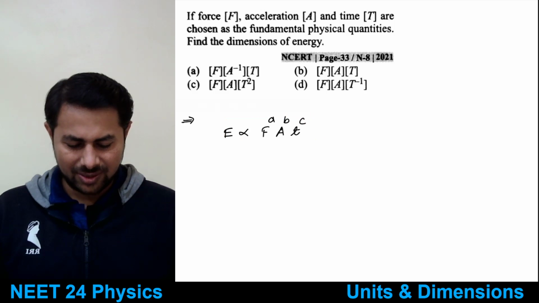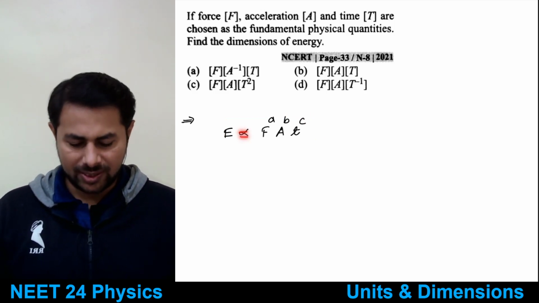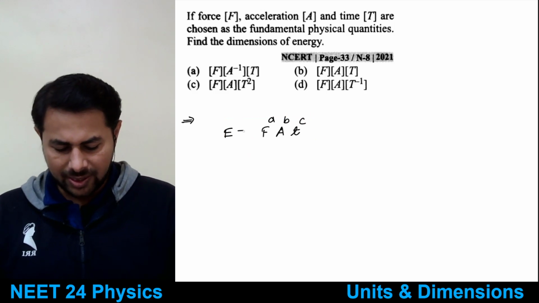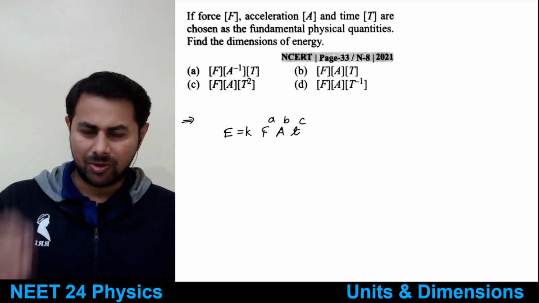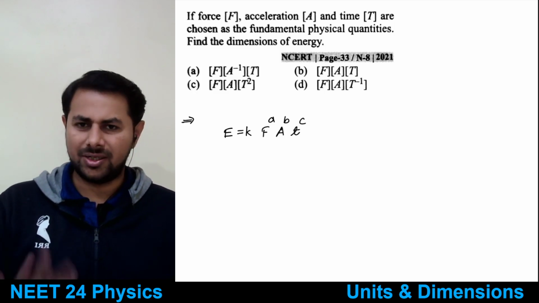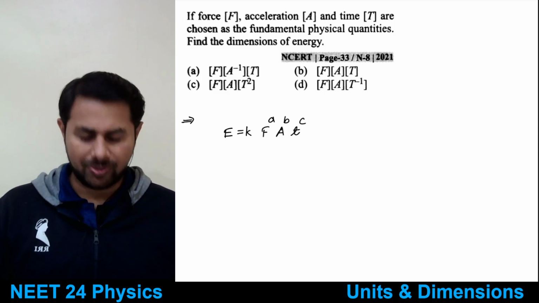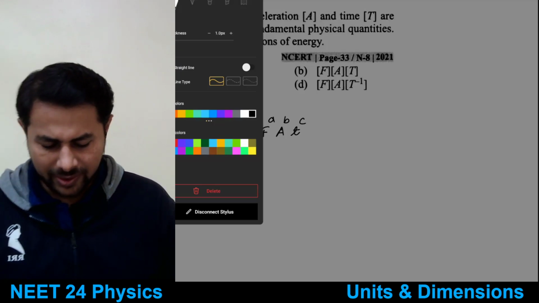And we know that this is a time consuming process. Then we remove the proportionality sign, or directly we write energy is equal to some constant times F raised to a, A raised to b, and T raised to c, and then we find out a, b, c. This is a time consuming process, we will not go into that, right?